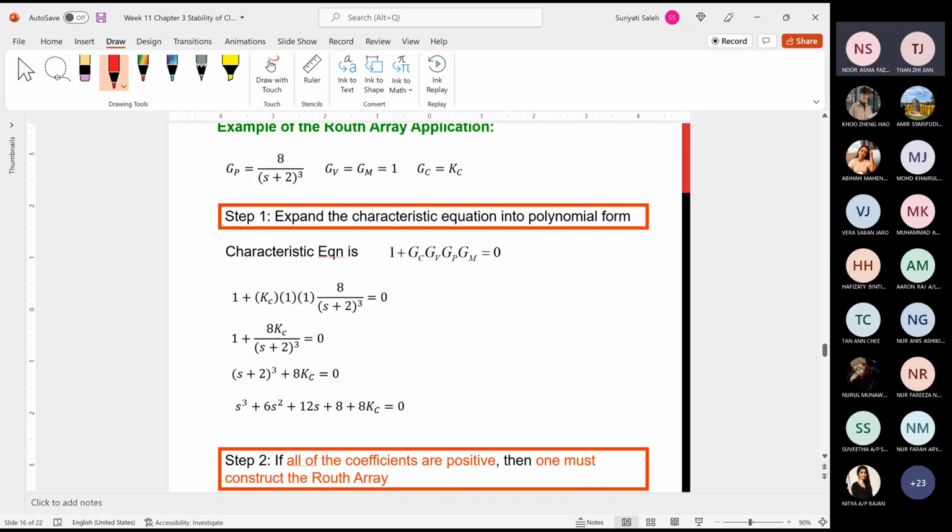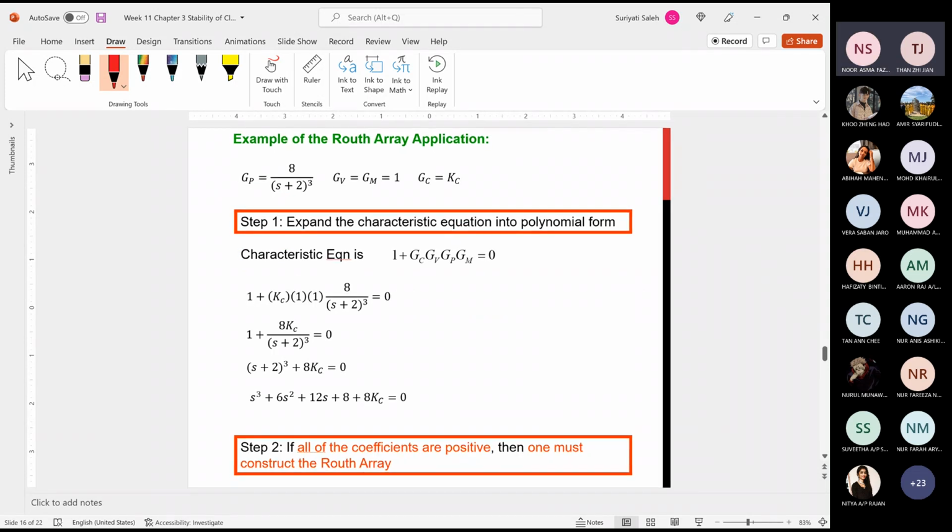So for this part, let's take a look at a simple example here. Let's say in this case, we have GP equal to 8 over (S plus 2) power of 3. GV equal to GM equal to 1. GC equal to Kc. So the first step is expanding the equation.